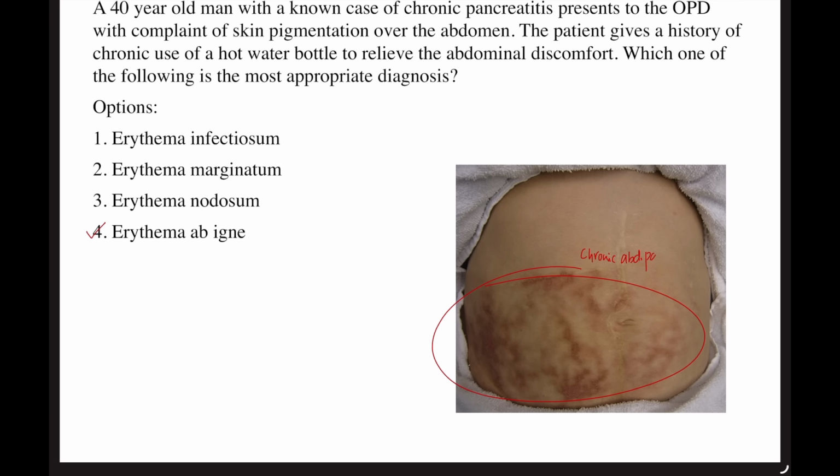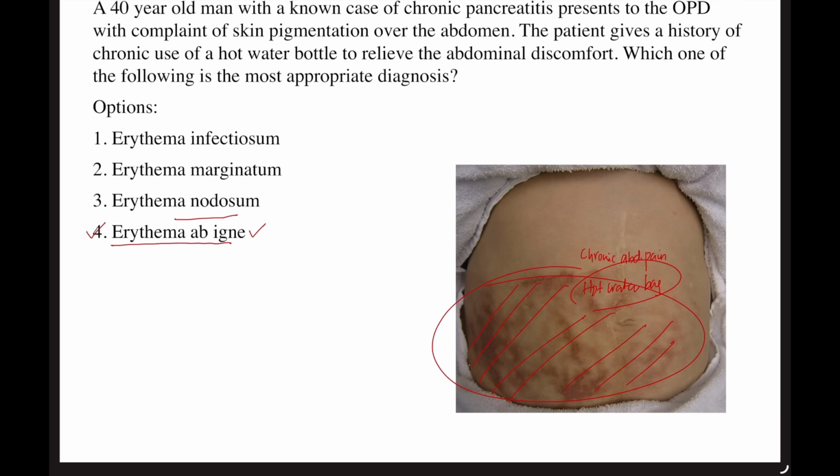They use a hot water bag for relief. Because this is hot, it will cause in the long run erythema ab igne. So this skin pigmentation over the abdomen in a case of chronic pancreatitis, where he is using hot water to relieve chronic abdominal pain, is known as erythema ab igne.